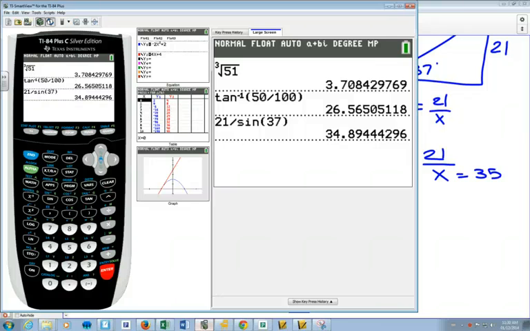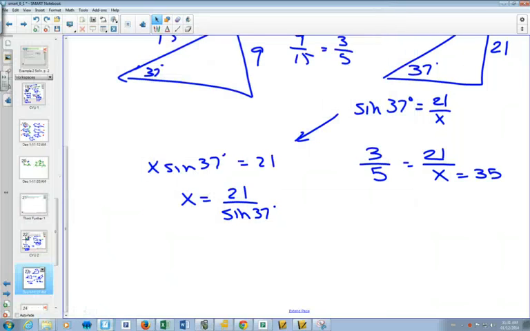And that's how trig got invented. It's not something someone just made up. It was a pattern they recognized that no matter how big or small the triangles are, those ratios stay the same.